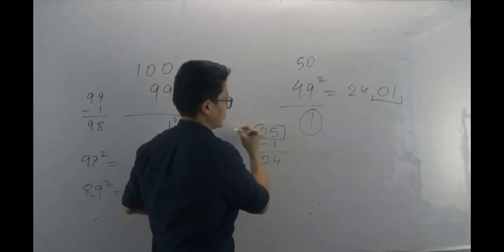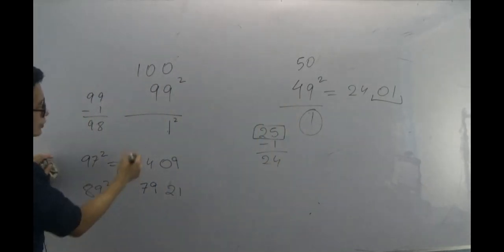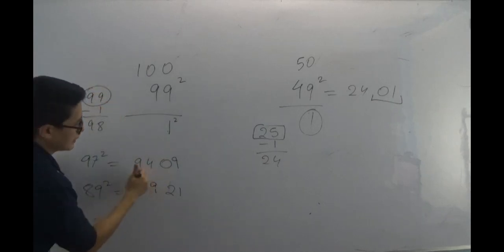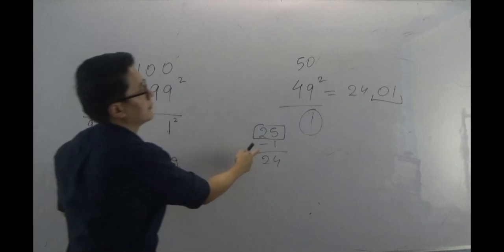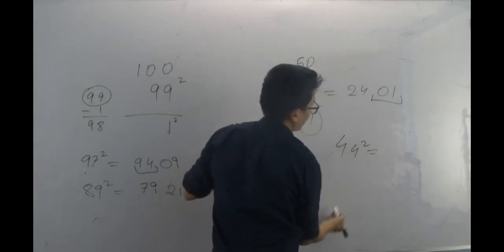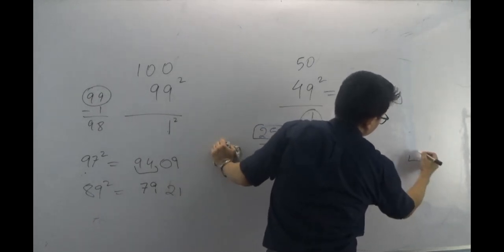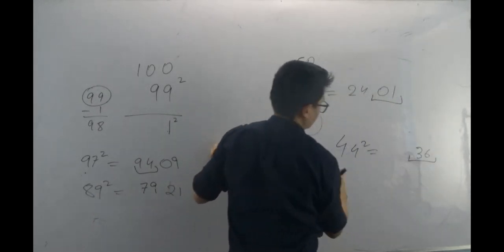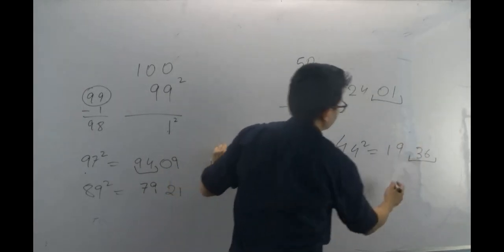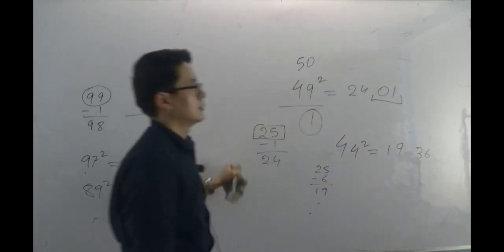Keyword: 25. Here the last two digits come from the difference squared. Similarly 44 square, difference from 50 is 6, so I get 36. Subtract 6 from 25, I get 19, so 1936 is my answer.